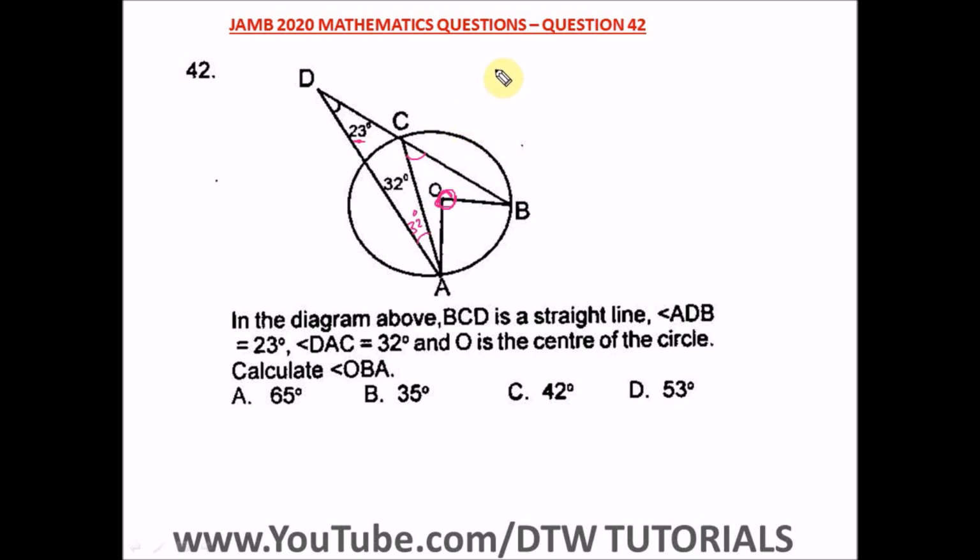That's to say, if we have a triangle of this nature, and we have x degrees here, A here, B here, and C here, it means that x degrees equals A's degree plus B's degree. That's what it means. The exterior angle is equal to the sum of the two opposite interior angles.